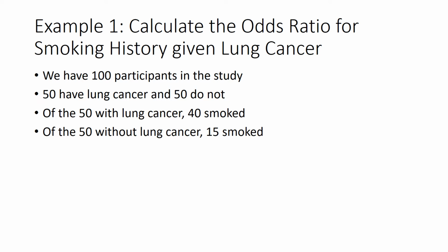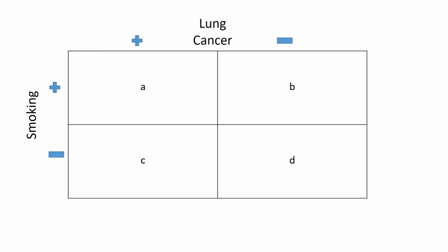So let's fill out that 2x2 table. This is the one we're familiar with, the blank numbers essentially. We have 50 positive patients with lung cancer. 40 of those smoked.